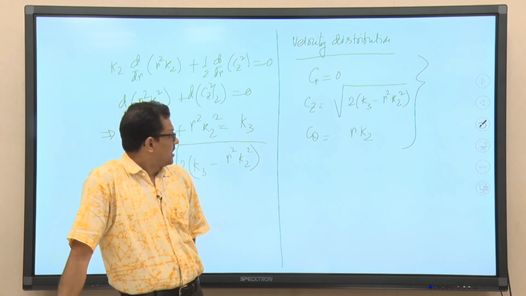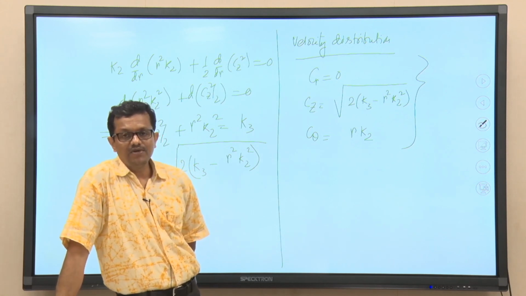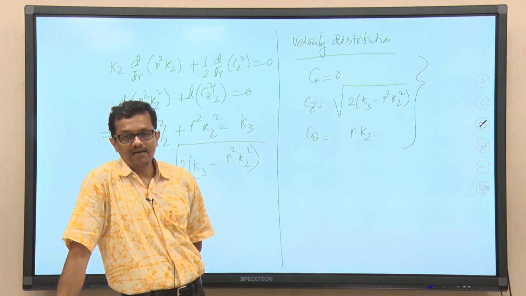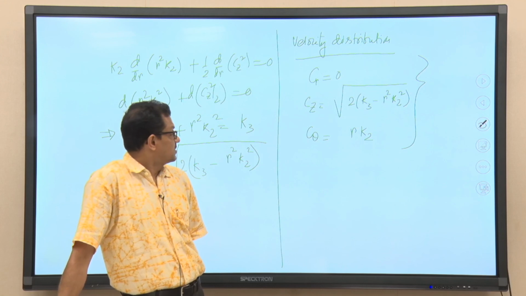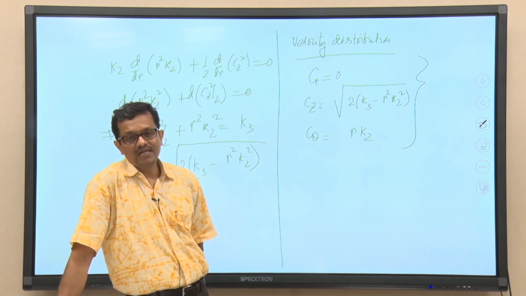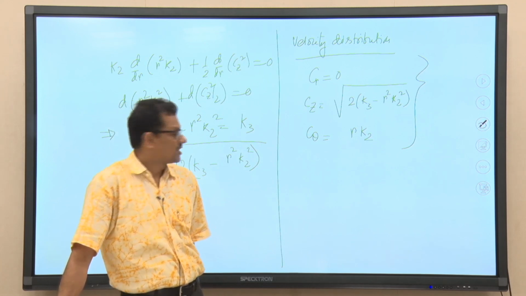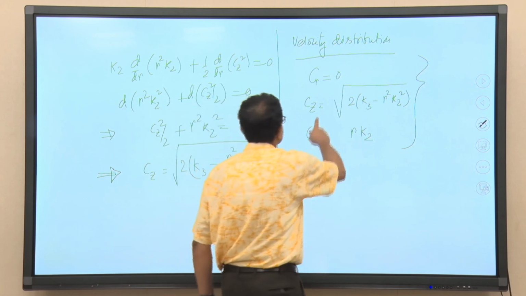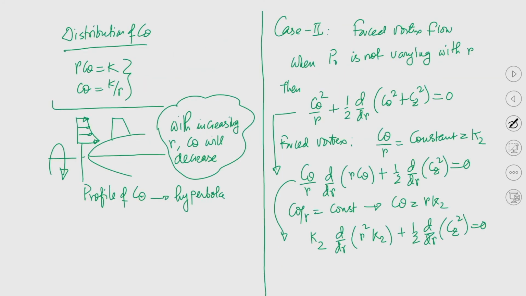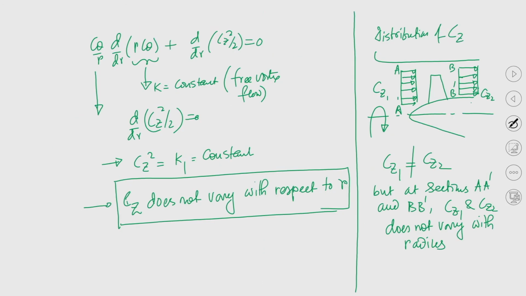As I said, radial equilibrium is studied to obtain the stage parameters, that is the distribution of flow velocities, then the flow coefficient and the different flow angles and blade angles. Basically, what you can see from this exercise, as compared to the previous case of free vortex flow, is that there we saw Cz does not change as we traverse along the radial direction at a particular section.